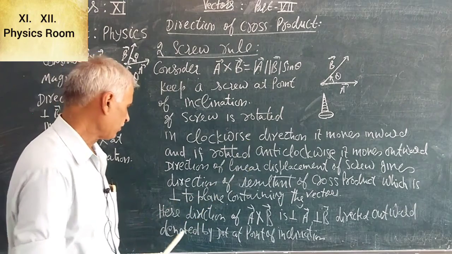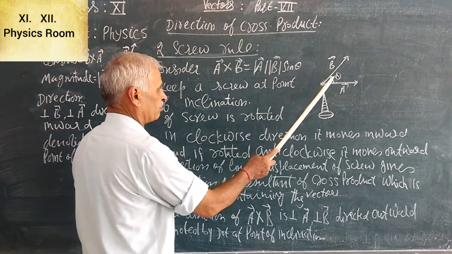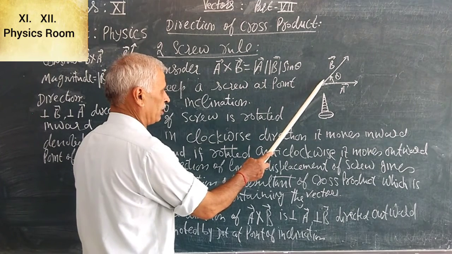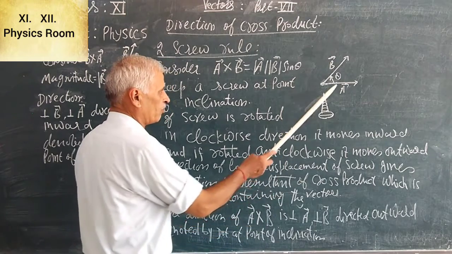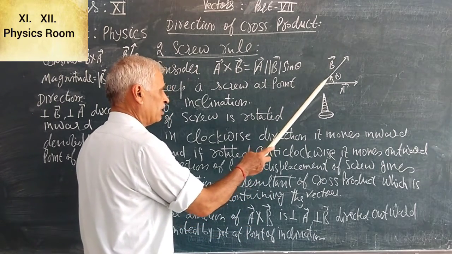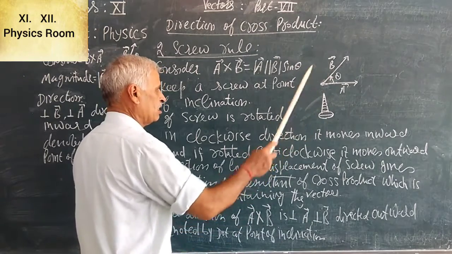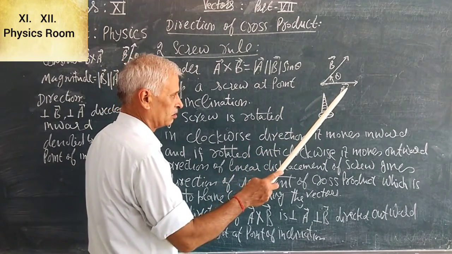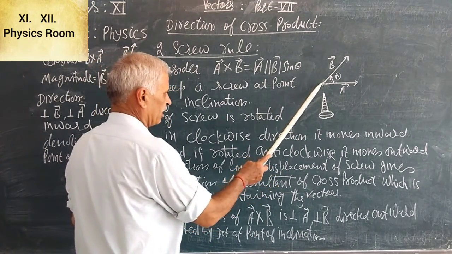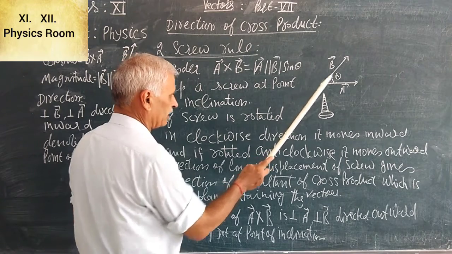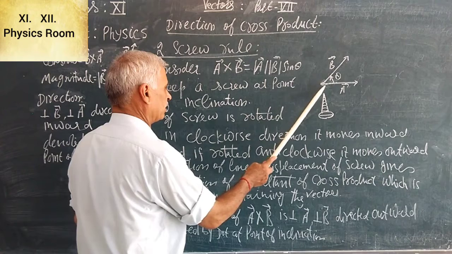So here in this case, the direction of A cross B is perpendicular to A, perpendicular to B, directed outward, because here we go from A to B. A to B means the screw is here. If we rotate the screw in anti-clockwise direction, the screw will come out. So the direction is perpendicular to A, perpendicular to B, directed outward. And we denote the outward direction of the vector with a dot.